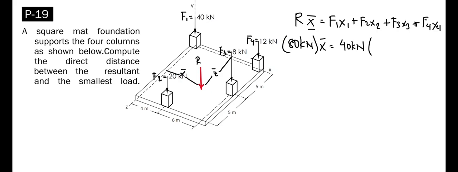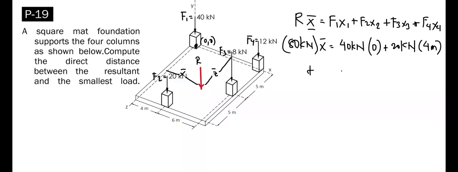and this distance along the x-axis, let's take this point here to be our reference coordinate with a coordinate of 0, 0. So x1 here is equal to 0 for force F1, and for F2 that has a value of 20 kilonewtons, its distance along the x-axis is 4 meters.